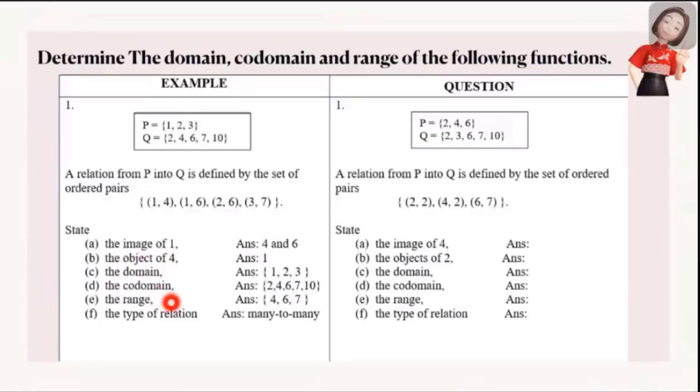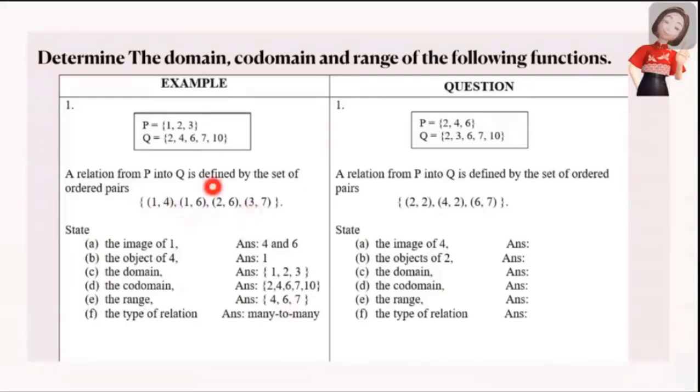Okay, so for the domain, for the set P lah, 1, 2, 3. So for the codomain is a set Q ataupun nilai Y anda, with 2, 4, 6, 7, 10. But range is 4, 6, 7. Why 4, 6, 7? Because in here, this is the relation, right? Ini the order pairs. Ini ada 4, 6, 7.